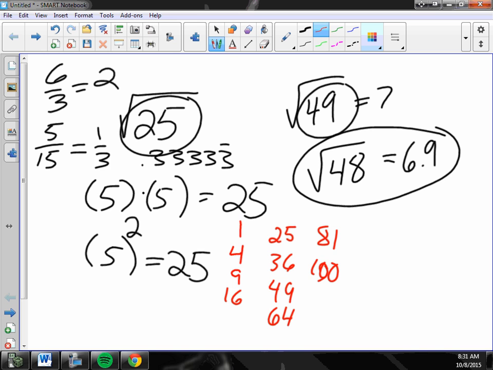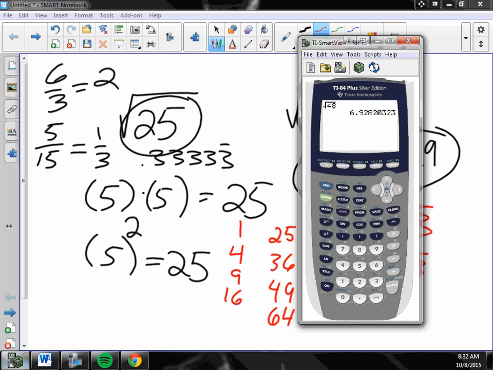So I can rewrite the square root of 48 as the square root of 16 times the square root of, how many times does it go in? 3. Does that make sense? Well, what is the square root of 16? 4. What's the square root of 3? The square root of 3. So it's 4 times the square root of 3. If I were to type in 4 square root of 3, it's the same number.